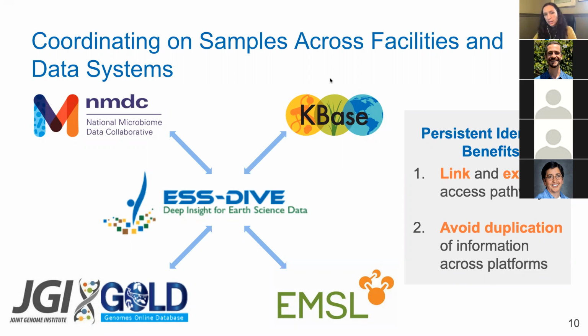So the IGSN or another persistent ID can provide a powerful way for these systems to link and exchange information across facilities and data systems. So we're not quite there yet, but we are working across facilities to figure out how we might do this, and the persistent ID and the standard metadata are necessary components of getting this to work.